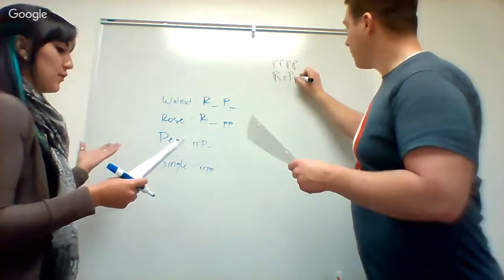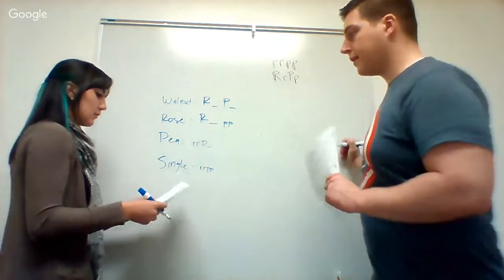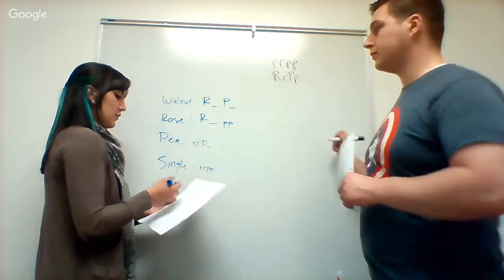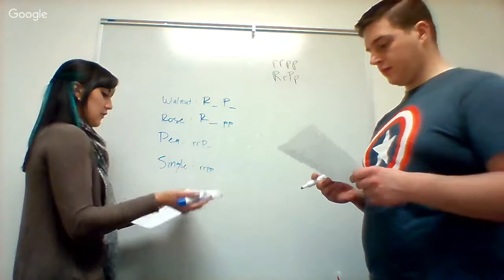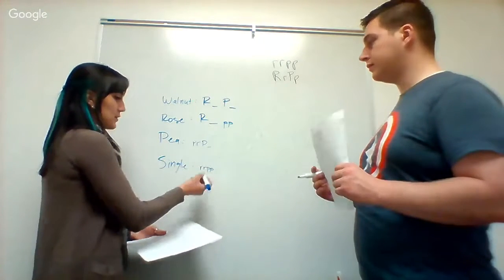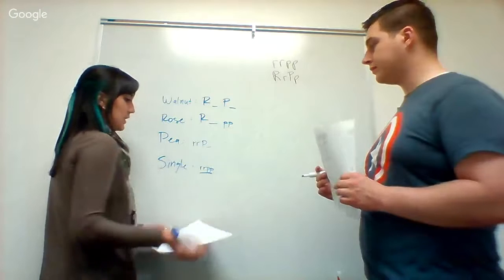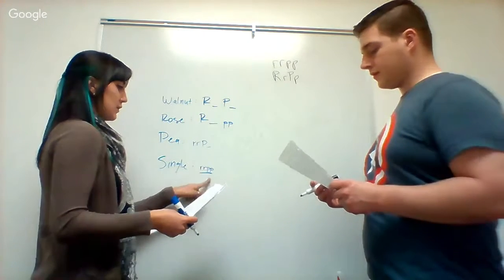So, for example, for the first one, we knew that for a single comb, I'm backwards, we have to have at least a recessive and a recessive.